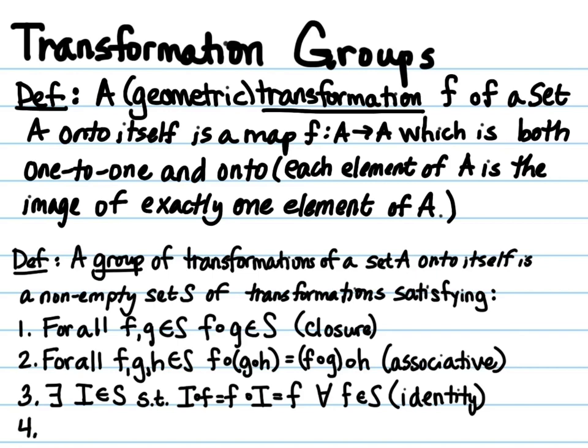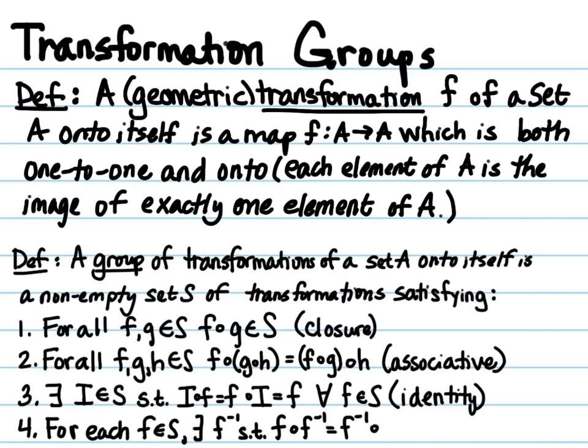Number 4. For each transformation in your set, there exists, what do we usually call that? The inverse transformation, such that when you compose the transformation with its inverse in either order, you get the identity transformation.